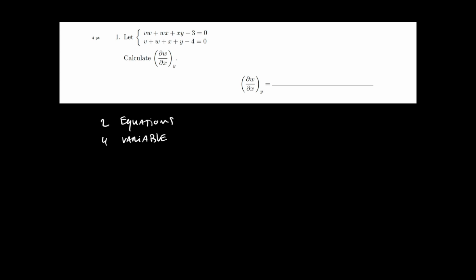It's important that we count these numbers, because if we have 2 equations, we know that we can describe the solution set of these 2 equations using 2 dependent variables, and then the remaining variables will in that case be independent. So this 4 minus 2 is also 2 independent variables.